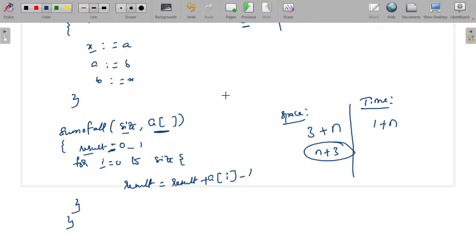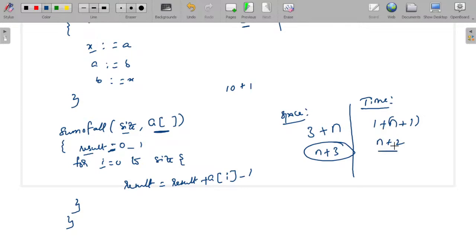For example, if I have to find the sum of 10 numbers, this for loop will be executed 10 times, and also it will execute the 11th time to check the false condition, which is like 10 plus 1. So here it will be n plus 1. So in total, the time complexity required for this algorithm will be n plus 2.